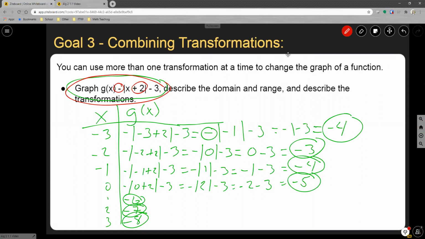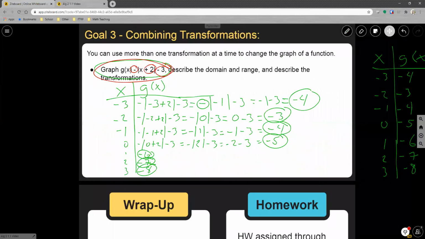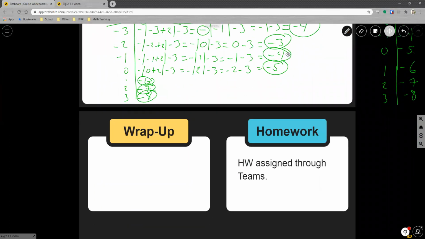I'm adding inside the absolute value, that's going to move it left and right, and since it's adding, I'm actually going to go to the left. And then I've got -3 on the outside, that's going to be a shift, it's going to shift it down. And you can put that together really fast once you get the hang of looking at these different types of transformations. All right, that is it for this lecture.